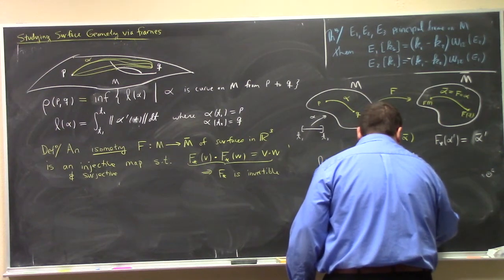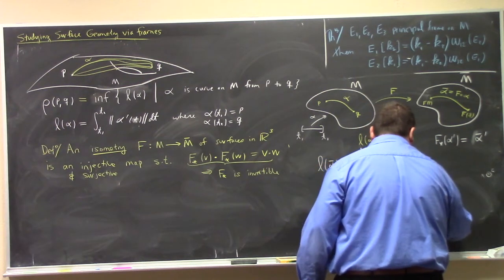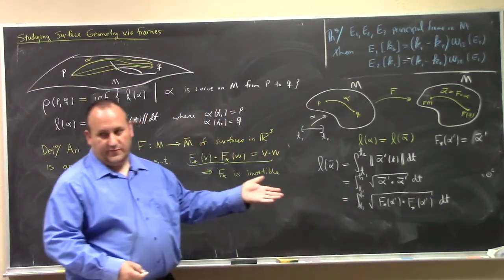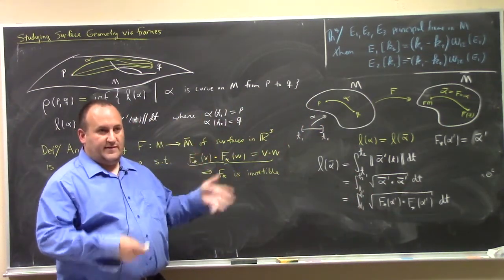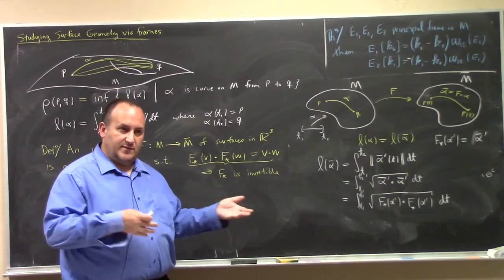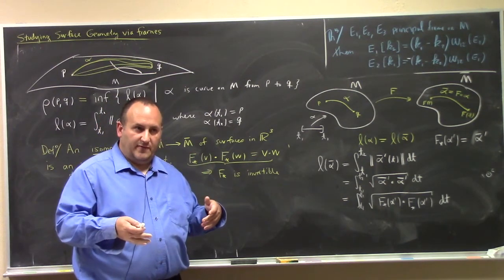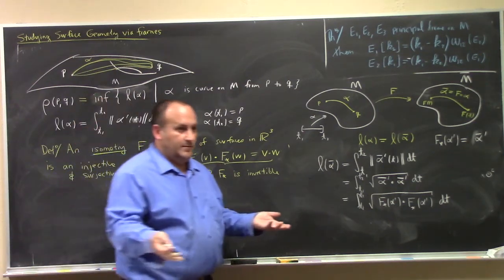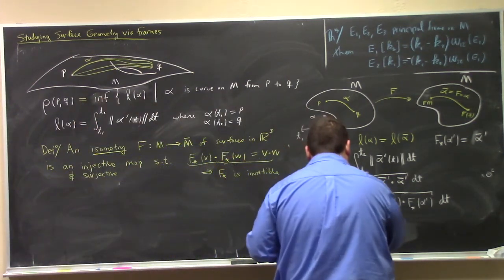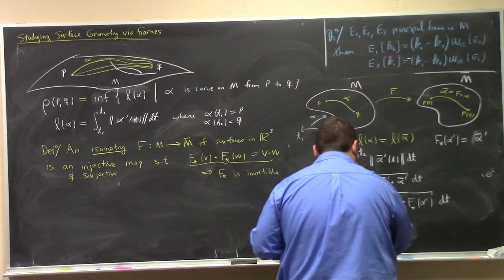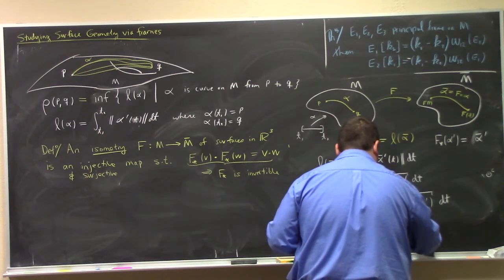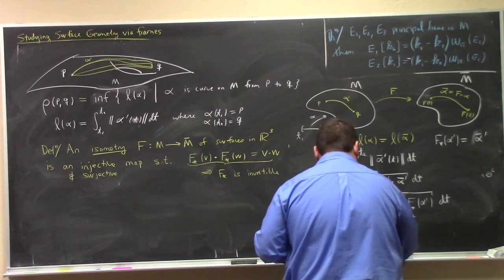And what do we get to say about that? Remember, we're assuming that F is an isometry of surfaces, right? Which means that the push forward of alpha prime dot the push forward of alpha prime is just alpha prime dot alpha prime again. And that is nothing more than the length of alpha.